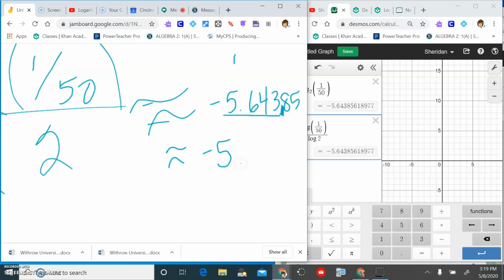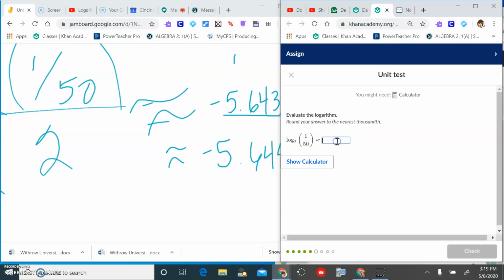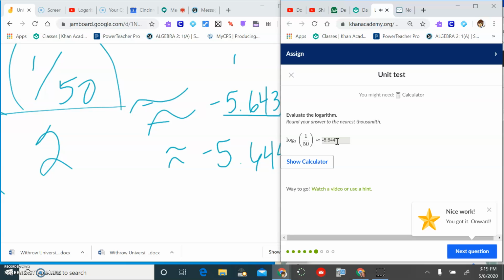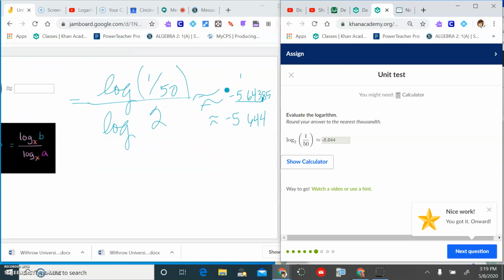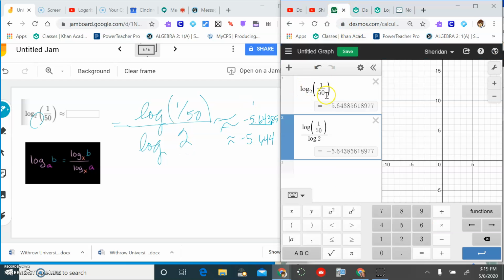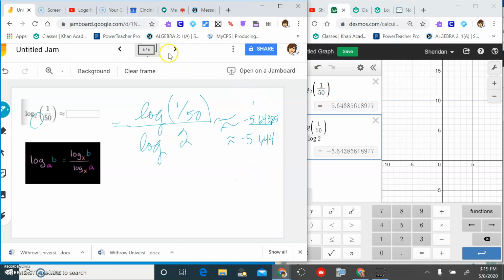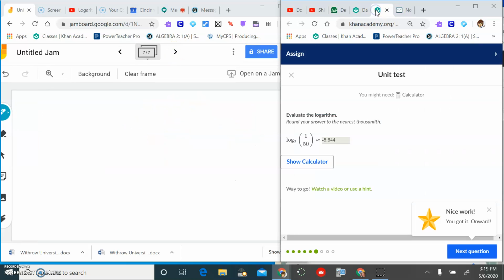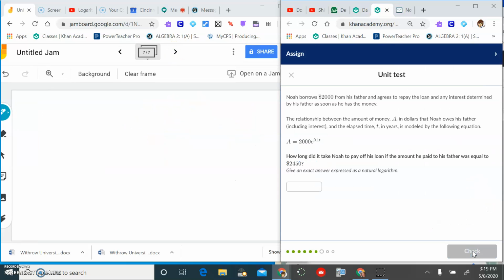So instead of it being 643, it's going to be 644. So negative 5.644. Again, because it was base 2, I can't just use a regular button unless I do some stuff to it. You can do log base 2 of that though. No worries. Next question. Kapow.